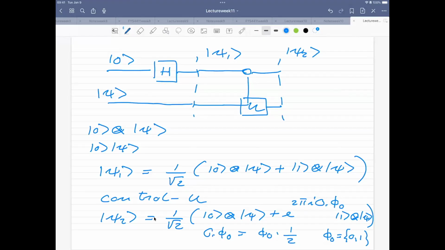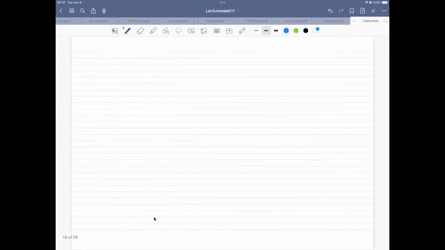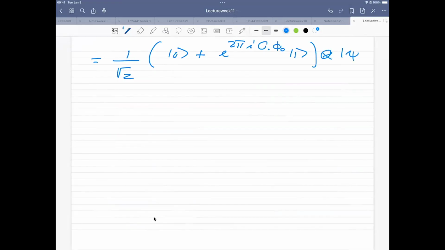If I write it out, I can write it in a more compact way. So this will be given by 1 over square root of 2, and I have 0 plus e to the 2 pi i 0.phi 0, acting on 1, and tensor product with psi here.